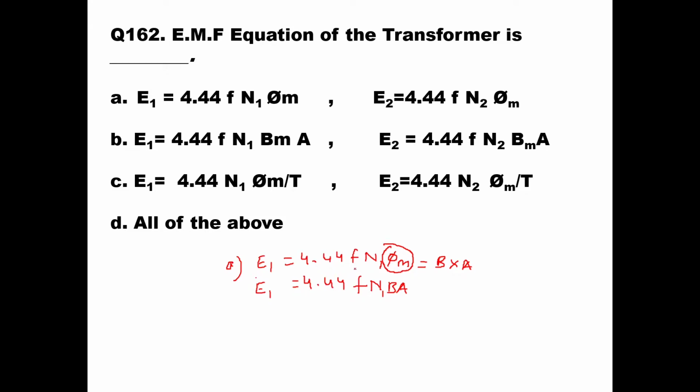Similarly, in the first equation, if you convert frequency as 1 by T, then you will get E1 is equal to 4.44 into 1 by T into N1 into phi m. This is what is shown in equation 3. So all the above equations are correct.